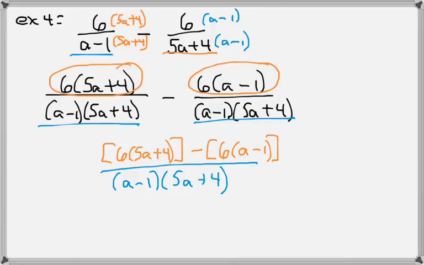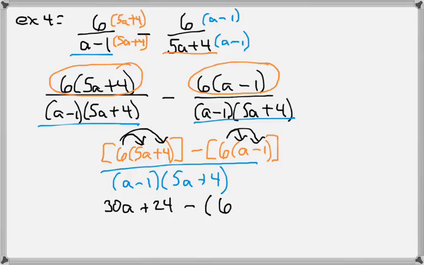So now I'm going to go ahead and distribute that 6 times the 5a and then the 6 times that 4. So I have a 30a plus a 24, and over here I'm going to distribute that 6 to the a and the minus 1. Minus everything I get here, a 6a minus 6.